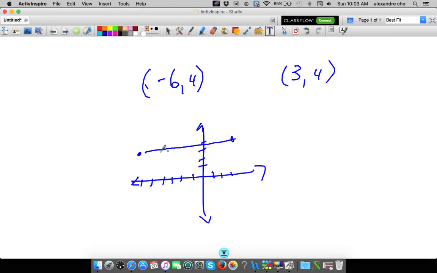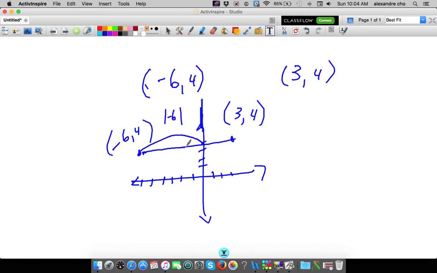So what they did was this. This is -6 and 4, and this is 3 and 4. Think of this as your 0. So how far is this point all the way to 0? That would be the absolute value of -6.